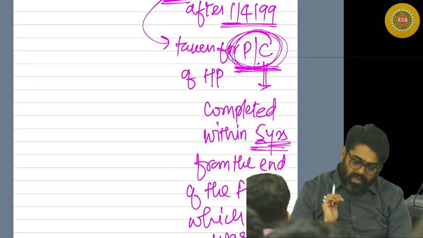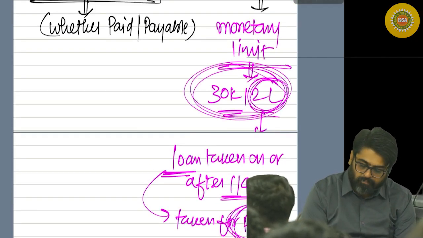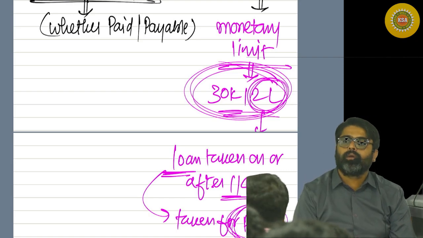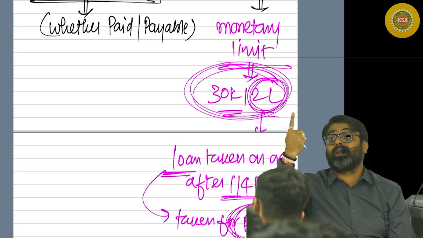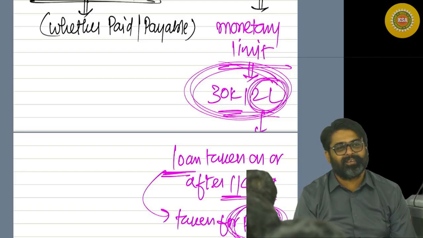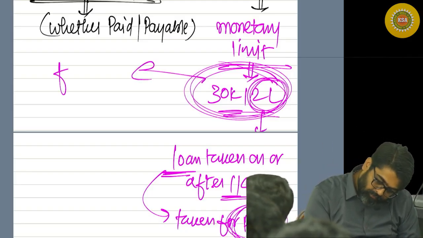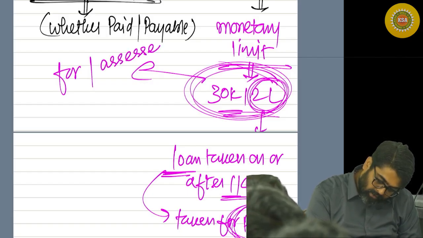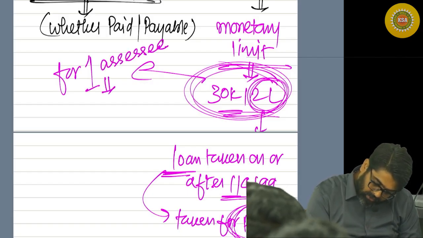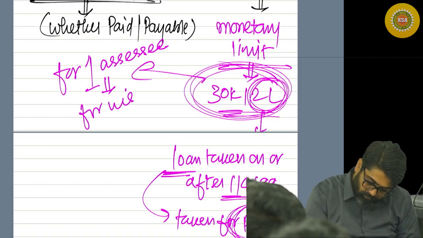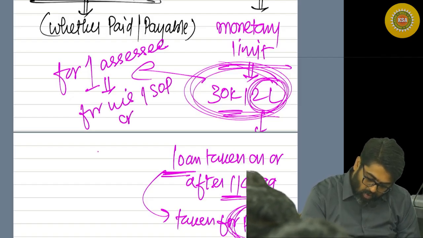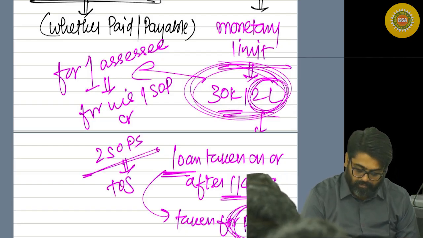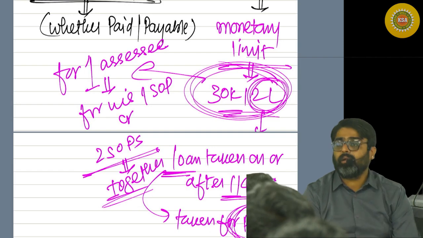Yes or no? Now tell me, this limit of 30,000 or 2 lakh is available for one SOP or both the SOPs of one assessee? This limit is given for one assessee, for his one SOP or two SOPs taken together.